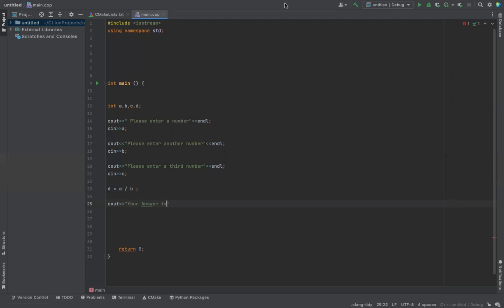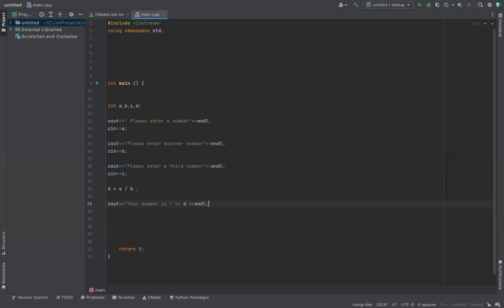Who is done, please? By now, some of you should be done with your 3 inputs calculator. What operator did you use? I used both addition and subtraction. Oh, that's great. Please, who else?